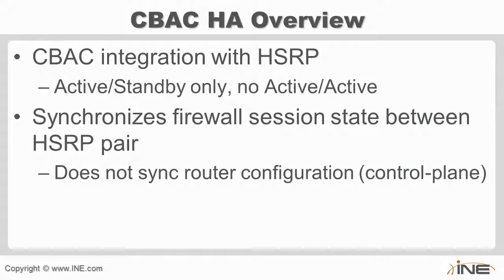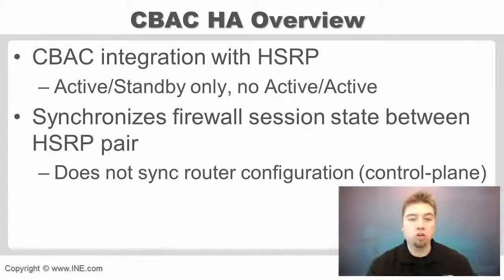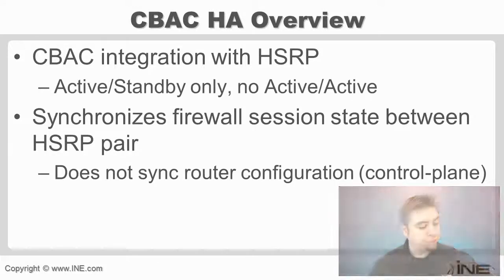This is different from how ASA's failover works, where you do all your configuration changes on the active firewall, and then those are pushed down to the standby firewall when you write the config to standby. In the case of the IOS firewall, it does not do this. It means that we need to make sure that our configurations are 100% synchronized on a one-to-one basis between them, otherwise this feature is not going to work.